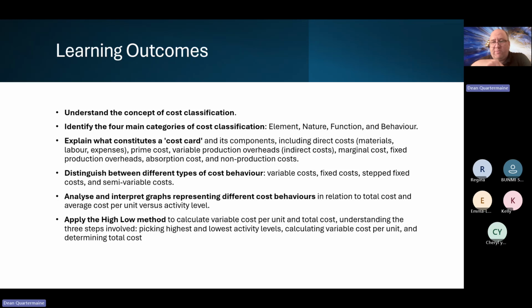And then the last thing we're going to do is apply the high-low method to calculate the variable cost per unit and total cost for semi-variable cost. The high-low method is used for these semi-variable costs, and hopefully we'll be able to split out the variable cost from the fixed element.